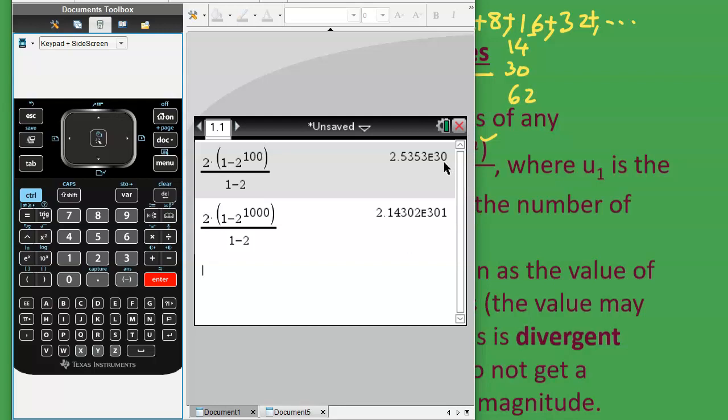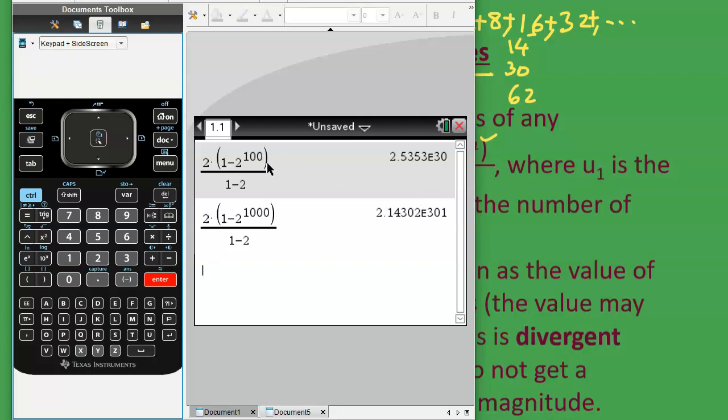You see, it was previously 10 to the power of 30. It has increased to 10 to the power of 301. 2.14302 times 10 to the power of 301. Can you see the change? How much did this sum total increase?